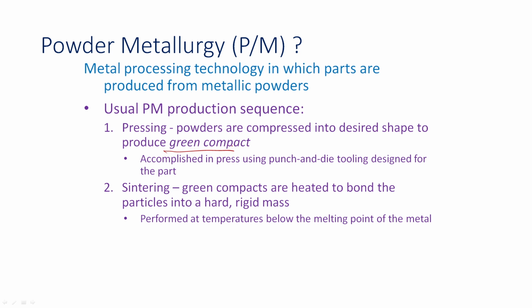You can create a die of the shape you want, and then you can use a punch to push the powder, and after these green compacts are prepared, they are sintered. The sintered parts are heated to high temperature to bond the particles into a hard rigid mass. This is normally performed at high temperature, below the melting point of the material.